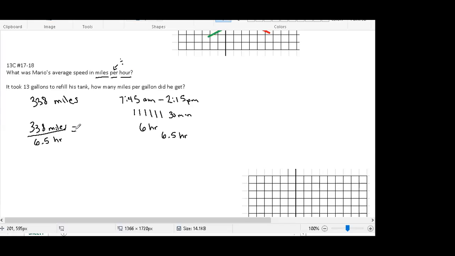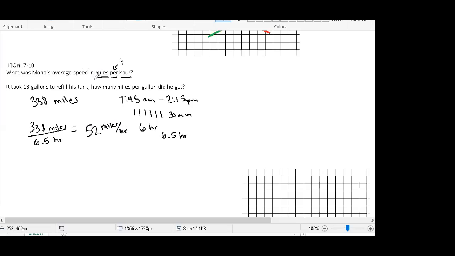Now we just divide that out. 338 divided by 6.5 is going to give us 52 miles per hour. So that's his average speed.